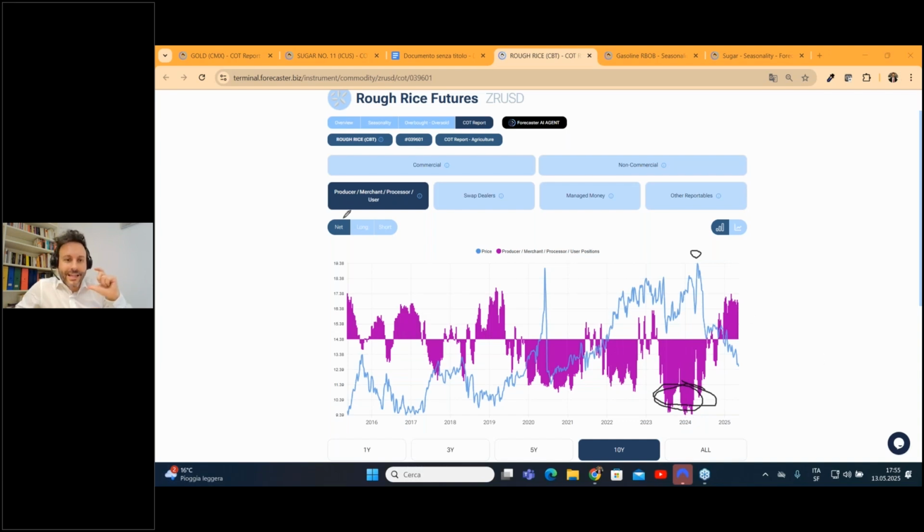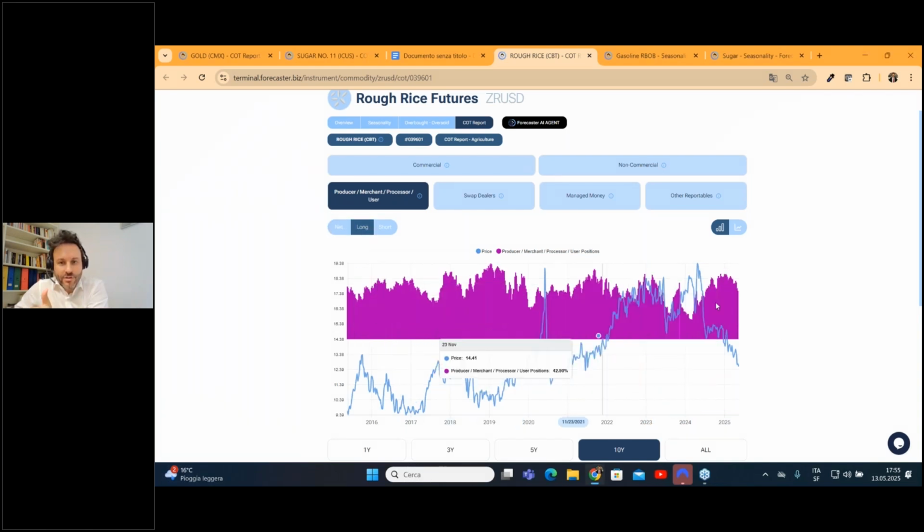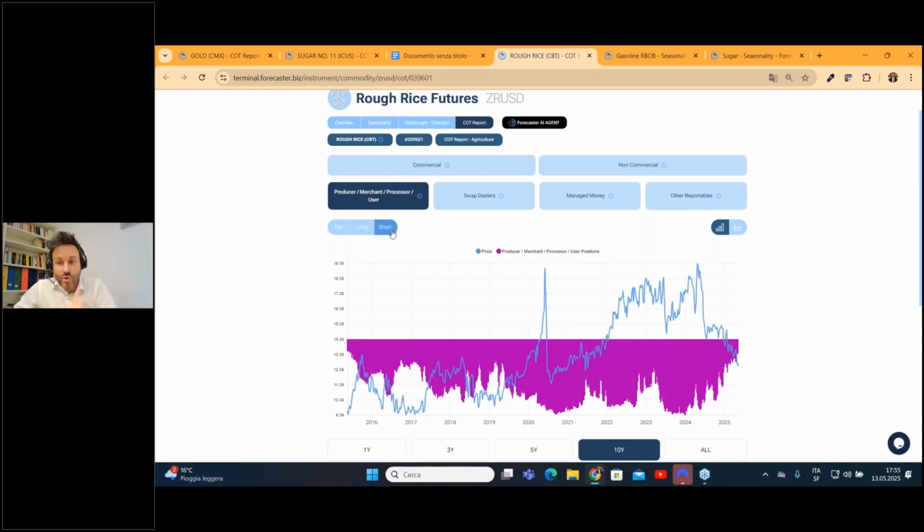When the net position switches to the upper side, it means the net position is long. The net position is the long position minus the short position. As you can see, in this case, since the beginning of 2024, this category, the producers, are closing down their short positions.